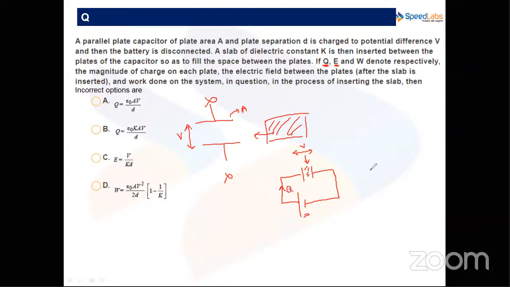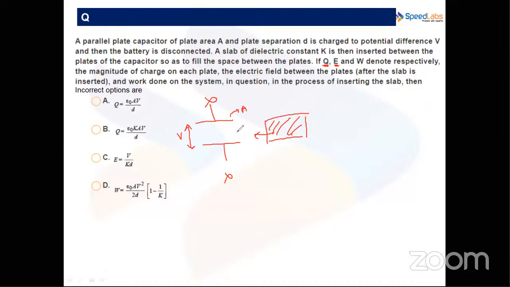Okay, and if the battery is disconnected, then the charge on each plate will remain the same and the potential difference will change, because no charge can come and go on these plates, right? So in our case, this is the second case. Charge will remain the same, as no charge can go and come because there is no battery anymore.